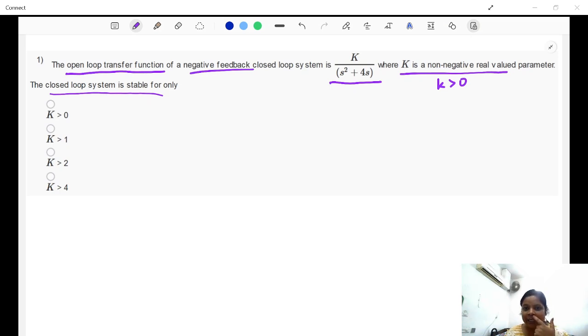The other way we learned is that if we plot the root locus, and if the root locus goes into the right half of the S-plane, because the root locus essentially gives you the behavior of closed loop poles, you would be able to know that this system is not going to behave in a stable manner for such and such values of k. So both these methods you have learned.